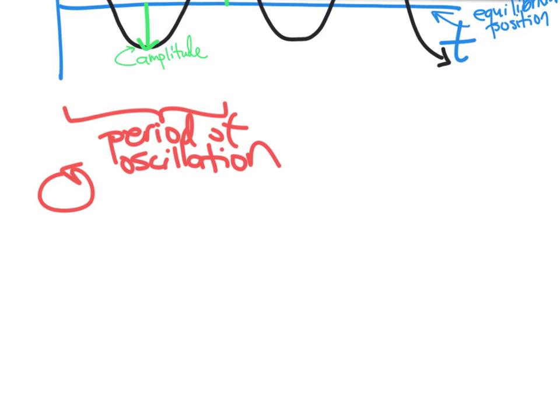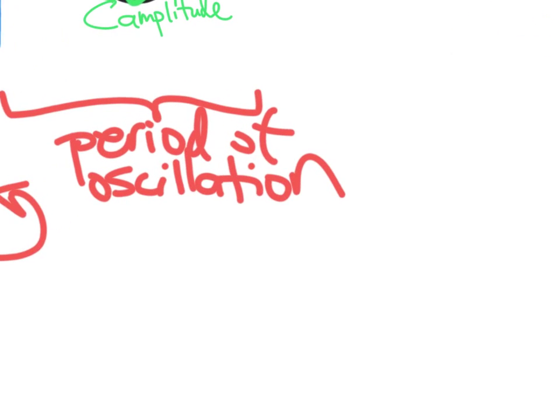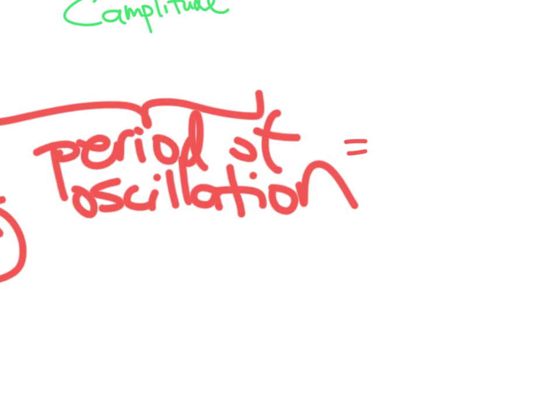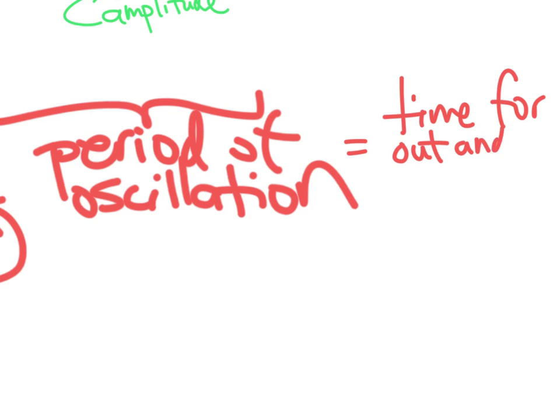So let's write this out. Period of oscillation is the time for, I'm going to say out and back. Try to simplify it a bit. Time for out and back, or one complete oscillation. Fine, I'll write it.